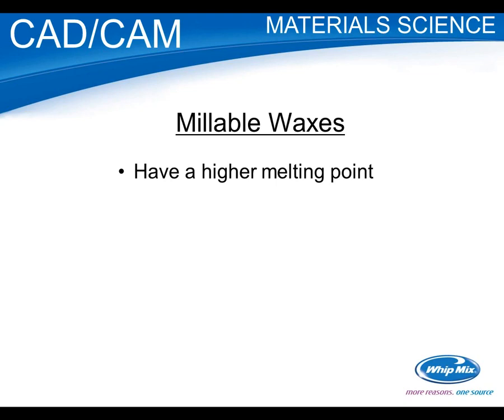But I think if you're aware that, hey, these millable waxes, I've got to treat them a little differently, forewarned is forearmed. They're much more viscous, and so at melt, a regular wax is going to be much more fluid, where these are pretty thick. And with that, you'll notice what I call stringers.